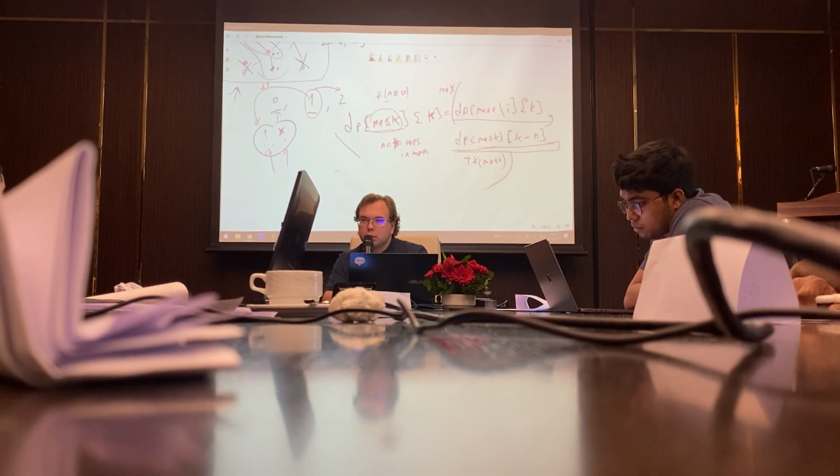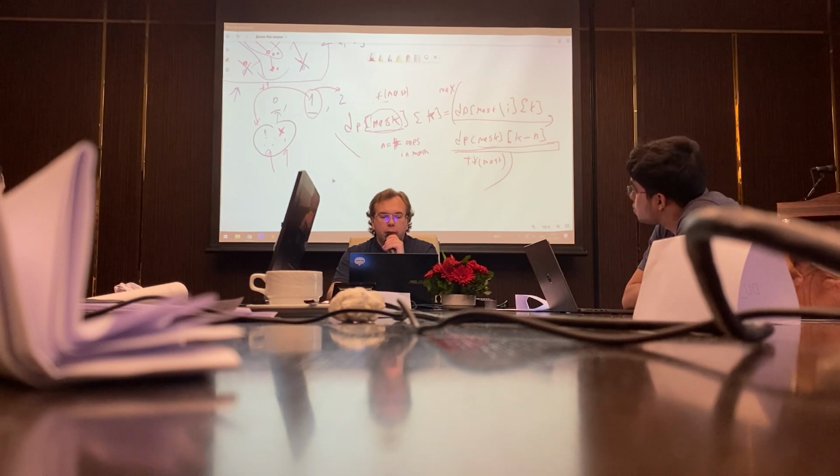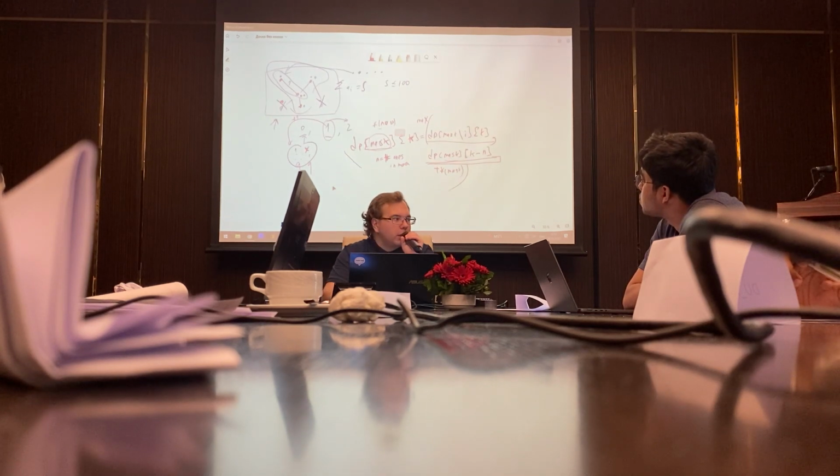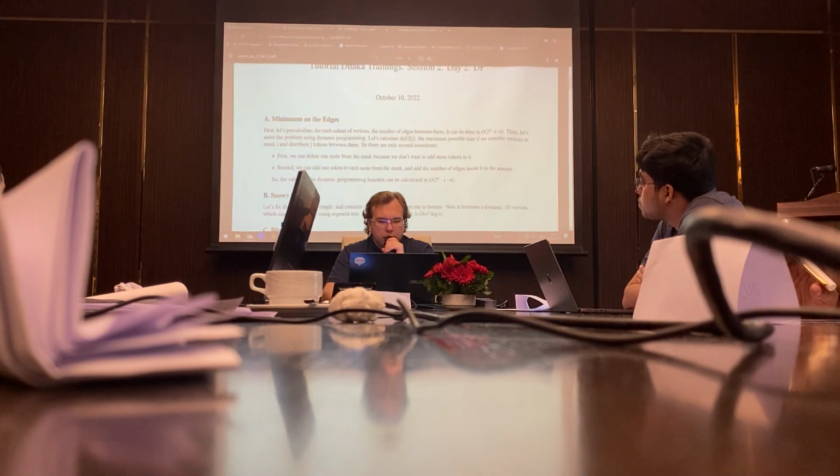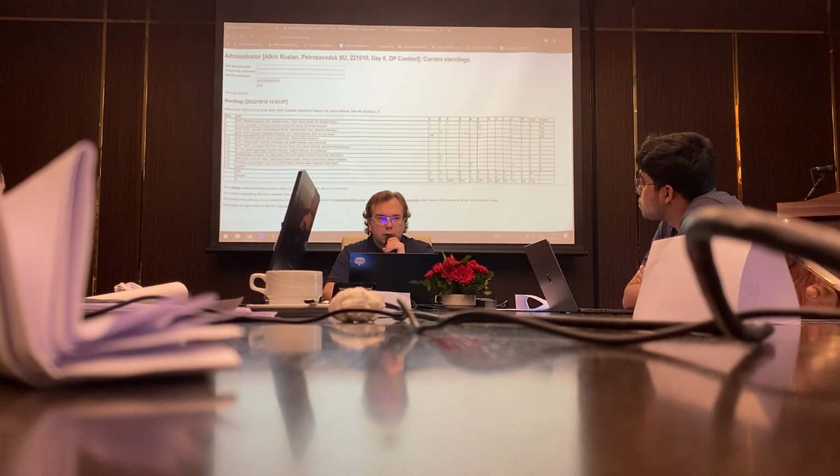So, questions? That was the dynamic programming by masks. Actually, maybe dynamic programming is not a strong place, so it is very useful that we found it before the championship.